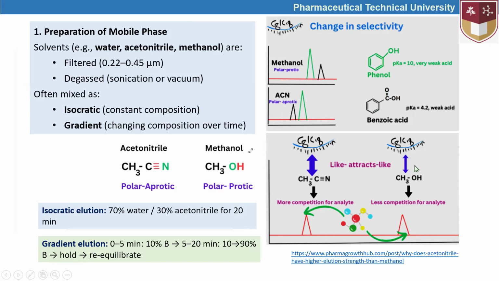These are also the factors that affect the retention of phenol or benzoic acid that could be eluted with either methanol or acetonitrile.